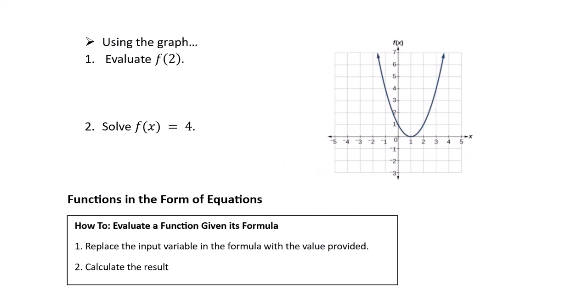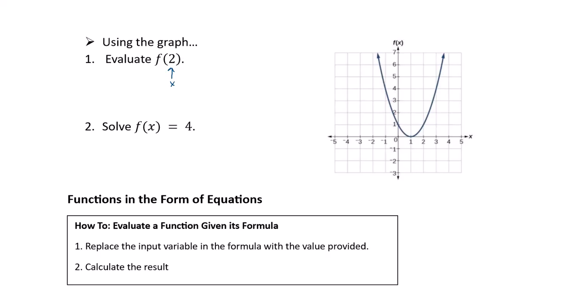Let's look at how to evaluate by given a graph. Here we're asked to evaluate f of 2. Again, it usually says f of x, so they're telling us here that x is 2 where they want you to find the value. So find the x value of 2 and either move down or up to be able to get onto the graph.